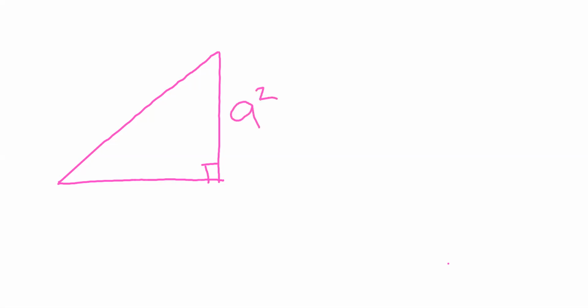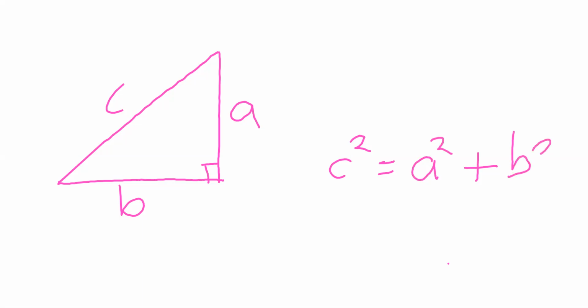And if you know your Pythagoras, then you would know that this is a right angled triangle, and the theorem of Pythagoras says that the square of the hypotenuse is equal to the sum of the squares of the opposite two sides. All right, so that's grade 8 stuff, or even grade 7 stuff.